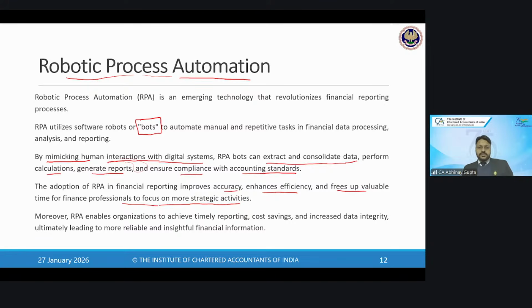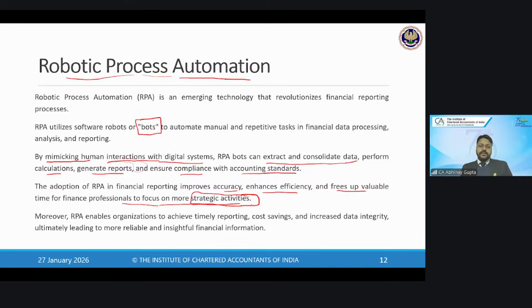So the system is basically telling you that because you are the human being, you utilize your time on the strategic things for the company, take good strategic and business decisions for the company, and whatever monotonous job which you anyway don't like, let us do it for you, right?